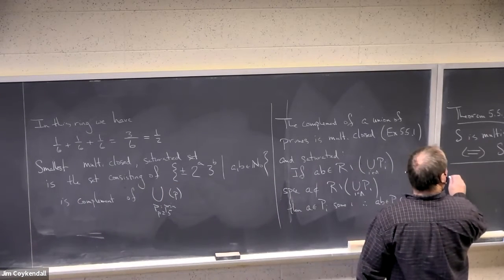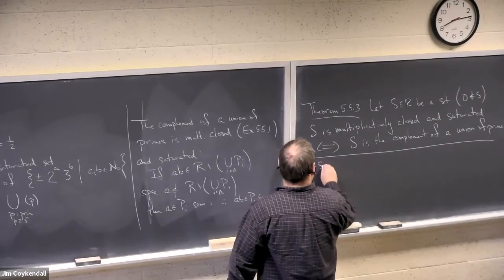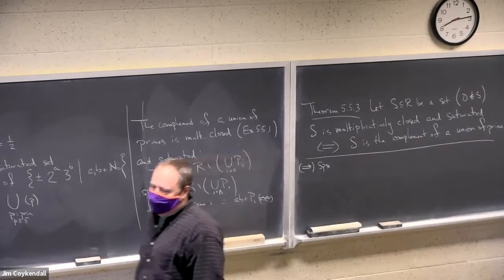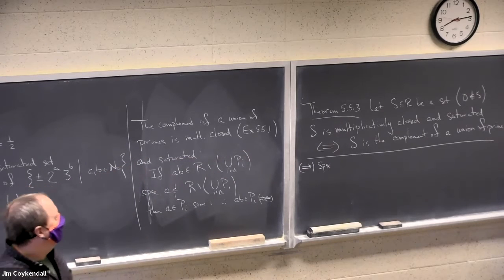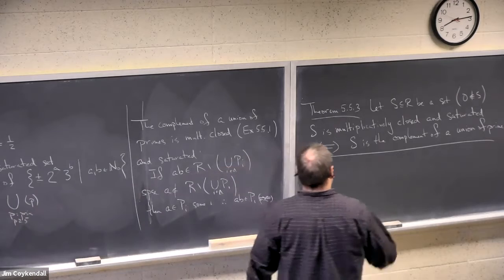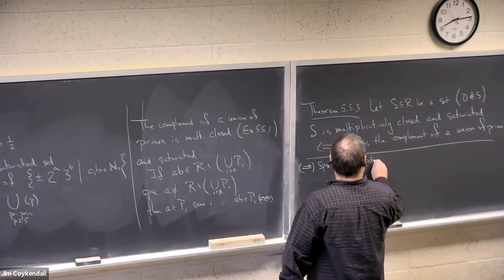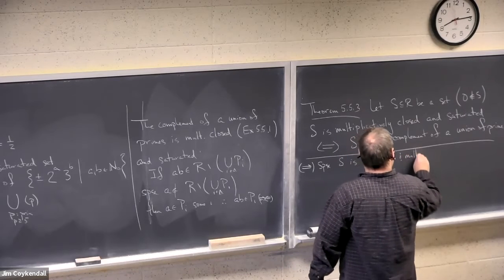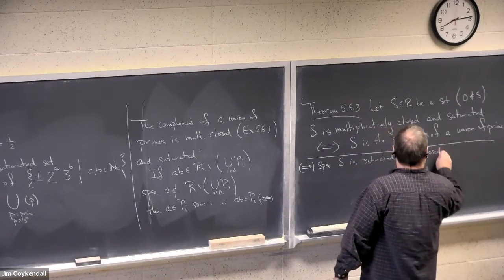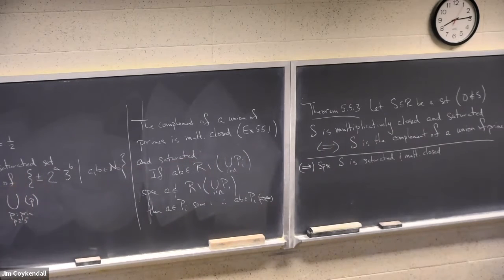Now suppose S is saturated multiplicably closed. Basically, our goal here is to show that its complement is the union of a bunch of prime ideals.